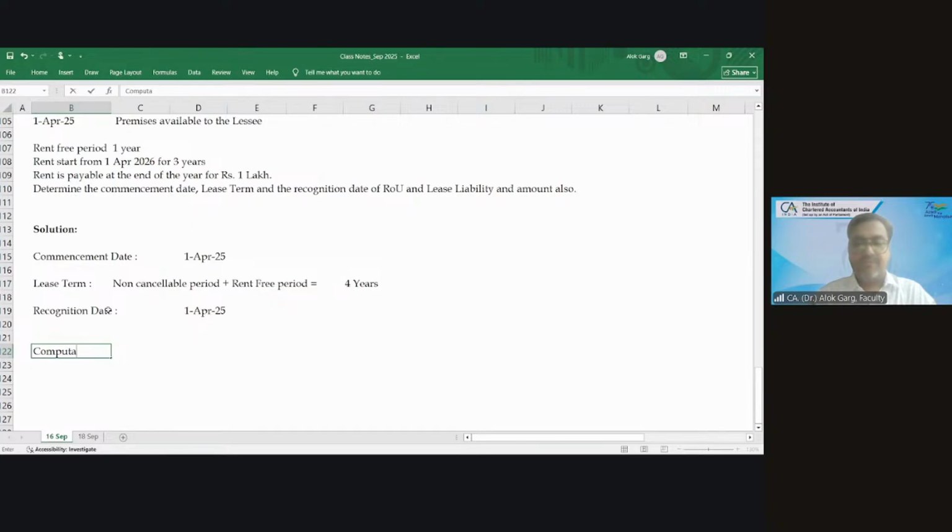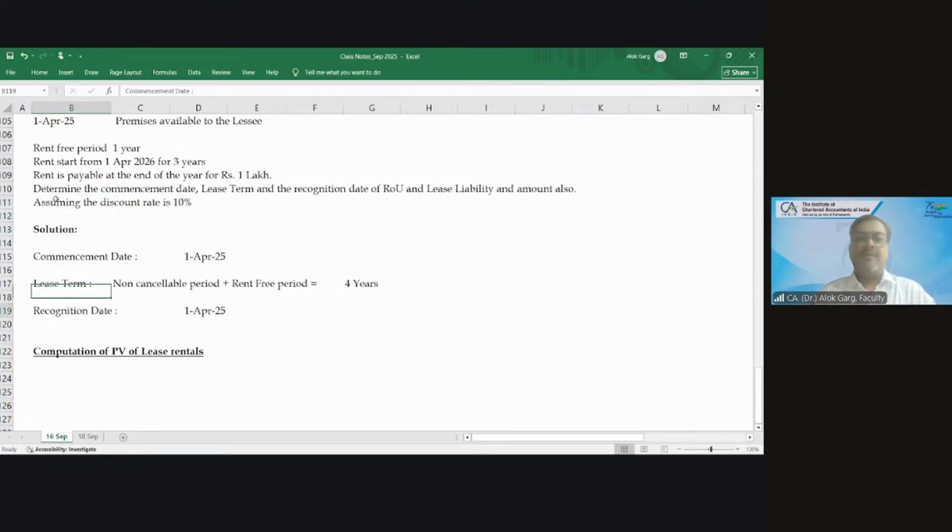Computation of present value of lease liability, which is the present value of the lease rentals. Assuming the discount rate is 10%.